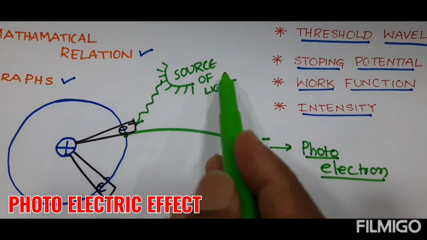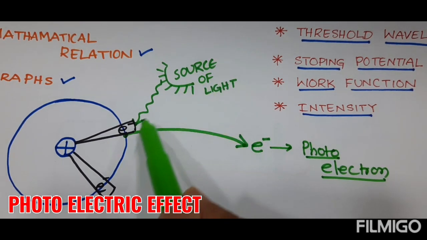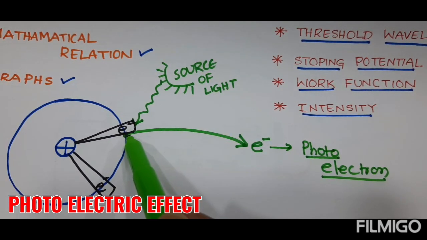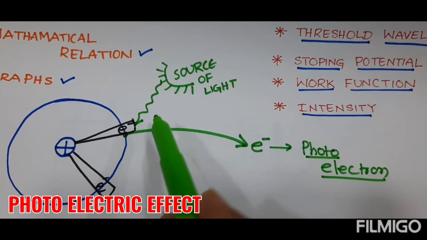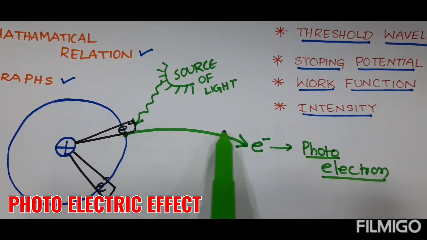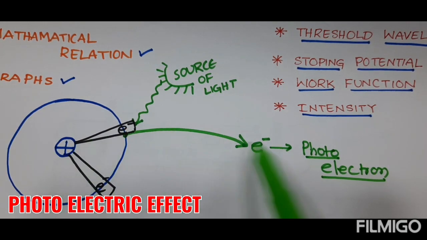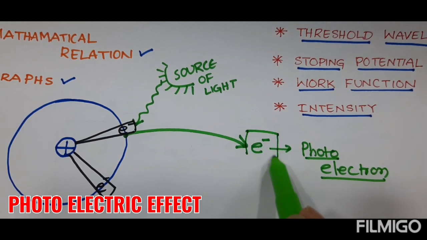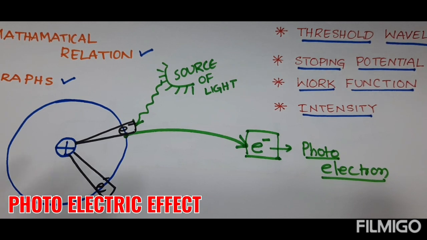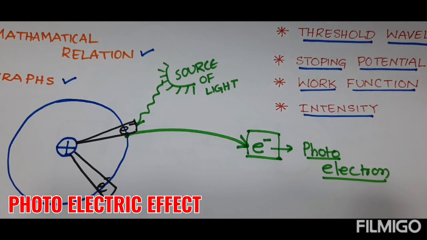Simply understand, the light falls on the metal surface, then these electrons absorb that energy and are excited out from the nuclear attraction. That phenomenon is called photoelectric effect, and this electron is called photoelectron. This is the definition of the photoelectric effect.